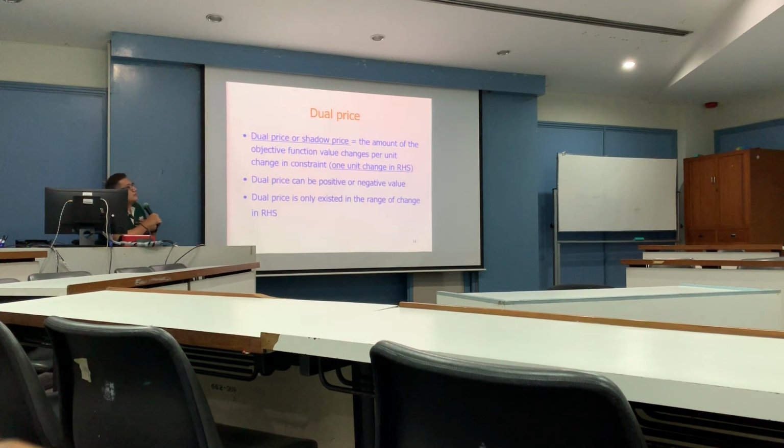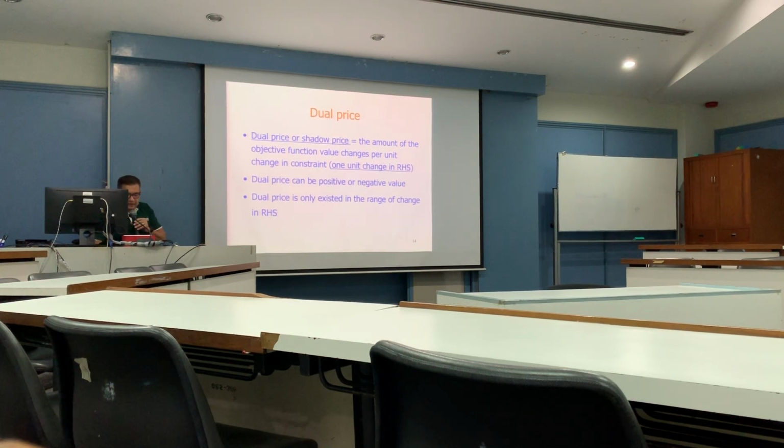This is because in the printout of all software programs, including Microsoft Excel, the dual price value shown is calculated based on increasing 1 unit to the right-hand side of the constraint. So in this case, I'm going to show you the example.